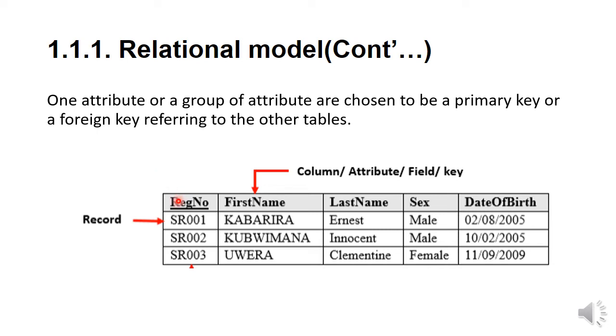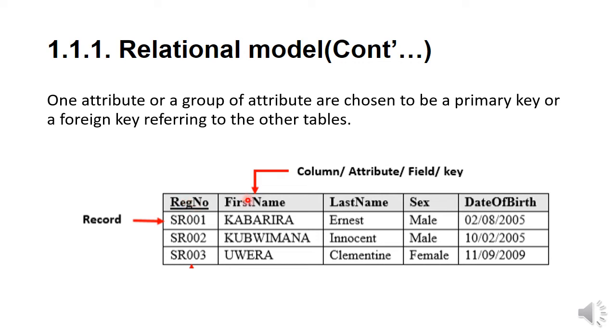Remember that columns are also called attributes or fields. So here we have a column which is called reg number and which is also underlined. When a column or group of columns is underlined, it is immediately referred to as the primary key of that table.